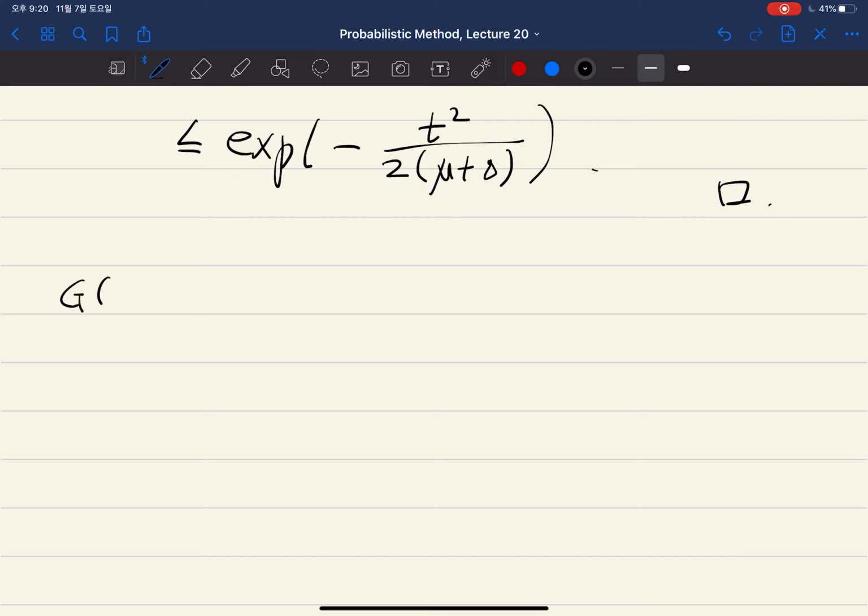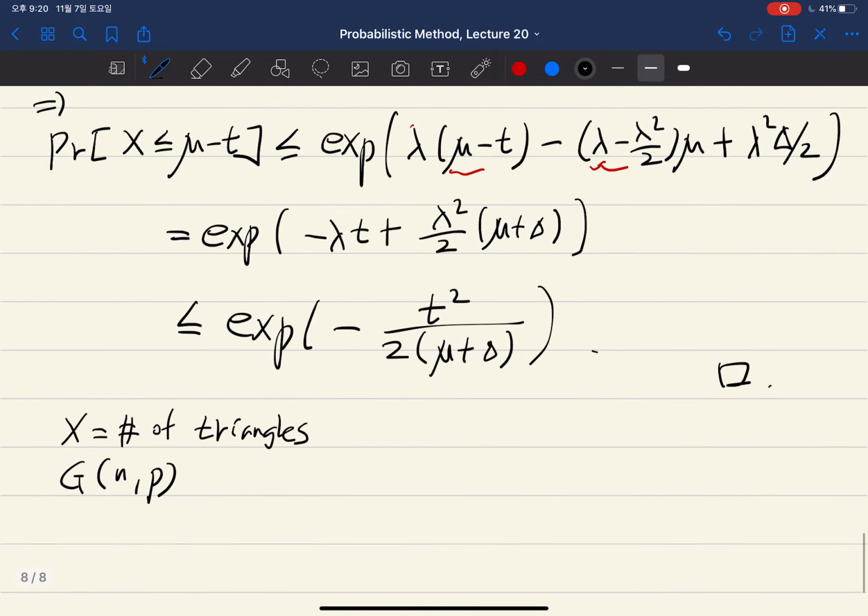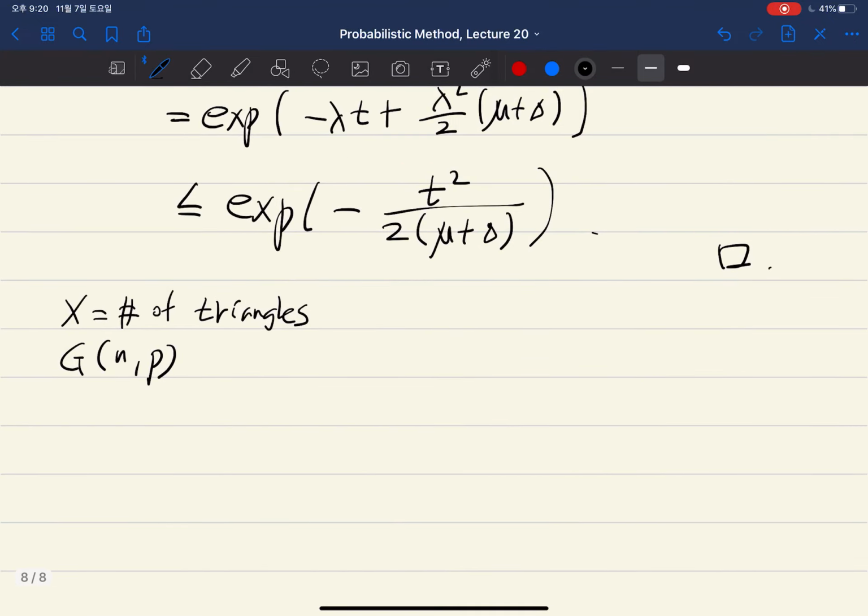So consider again G(n,p), and we want to count the number of triangles. Then, what do we have here? The expected number of triangles is roughly n cubed p cubed.